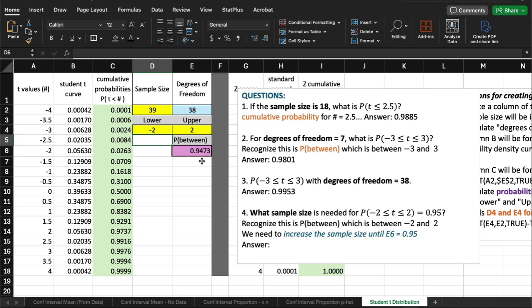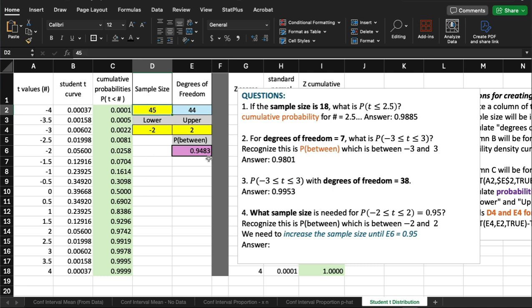If you want the probability to increase, you have to increase the sample size. Right now it's 39. Let's see what would happen if we put a 45 in there. We're going to keep bumping it up by 5 until we get really, and I mean really, close to 0.95. And right now it's not.